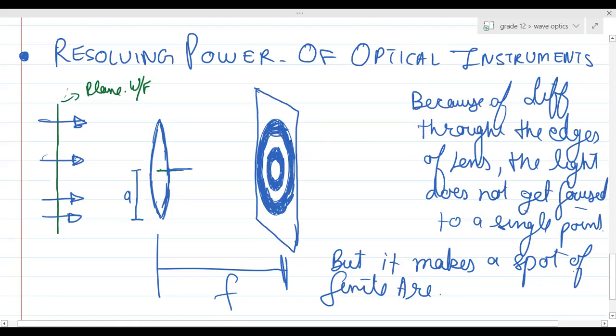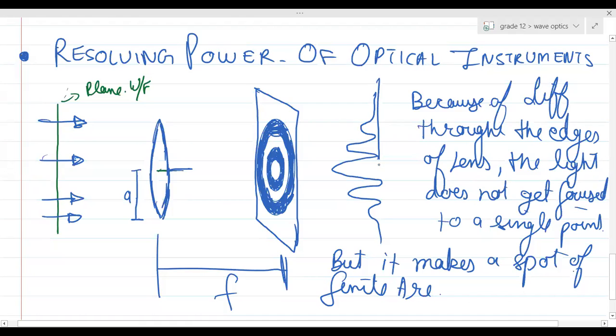Are you understanding this pattern which is getting formed? Yes or no? The radius of these is small. This is a little bit bigger. Is it clear? The intensity varies like this: here it becomes a bit more, then less, then more, then less, and so on. The same pattern goes over here as well.